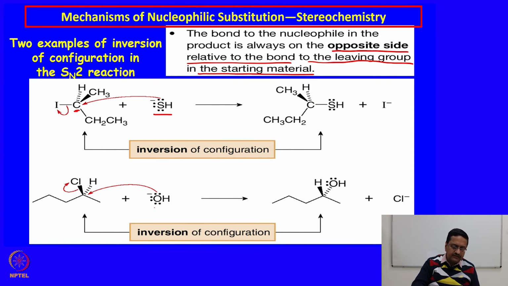Similarly, in this case, when OH minus attacks this particular electrophilic center, we get an inversion of configuration. Chlorine, which was above the plane, has left. The hydrogen, which was below the plane, has come above the plane, and OH has come from the back side. So, in these two cases, the inversion of absolute configuration takes place when the reaction happens through an SN2 mechanism.